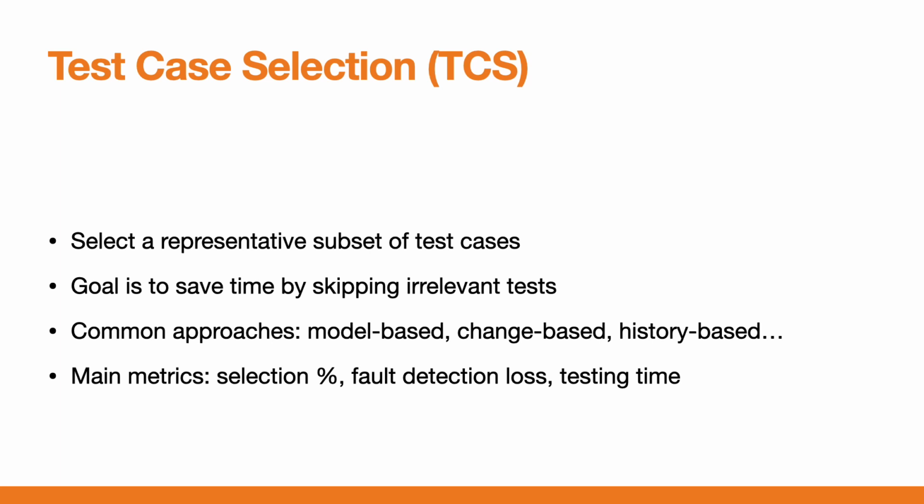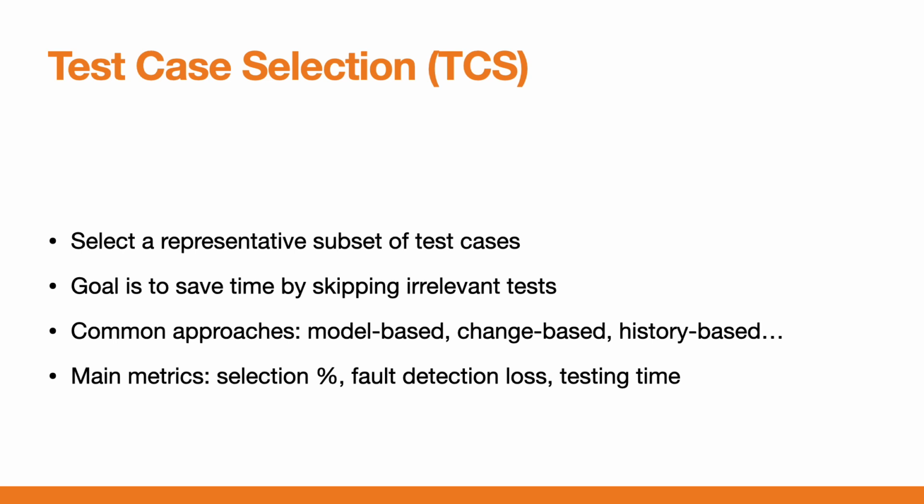Often it is based on the model, so it will select test cases that on the model have something related to a part of the program that you want to test. Or it can be change-based, which will select tests based on which of them are related somehow to changes that have been made to the program since the last version.